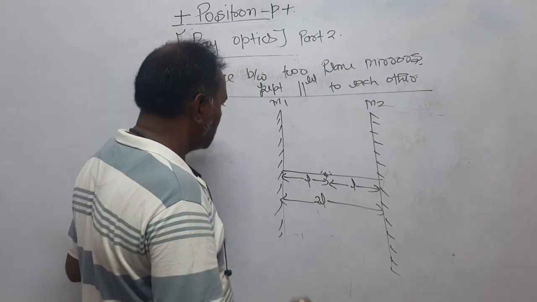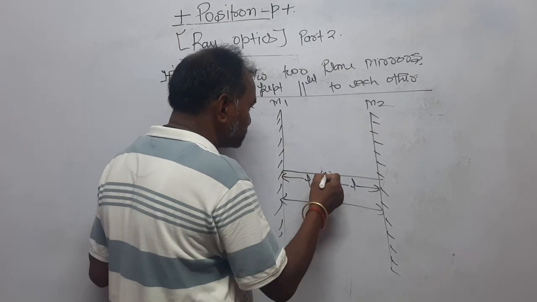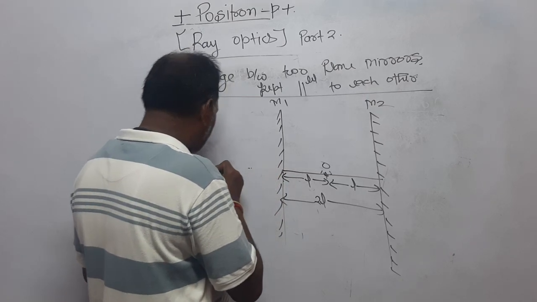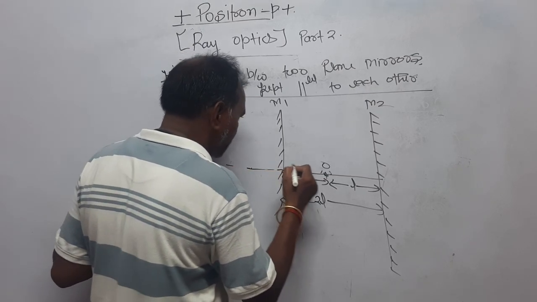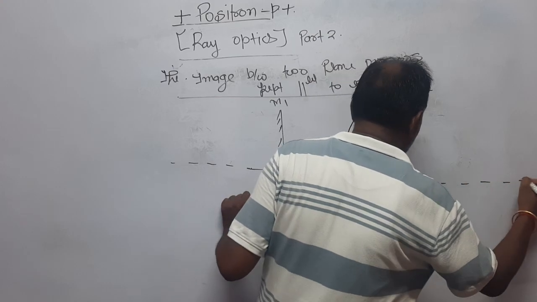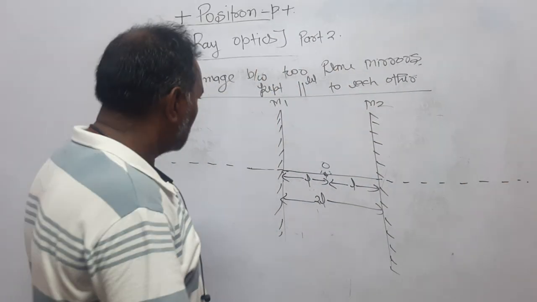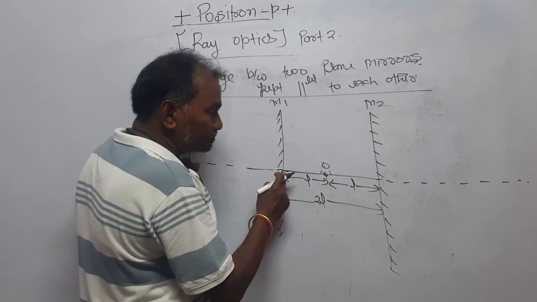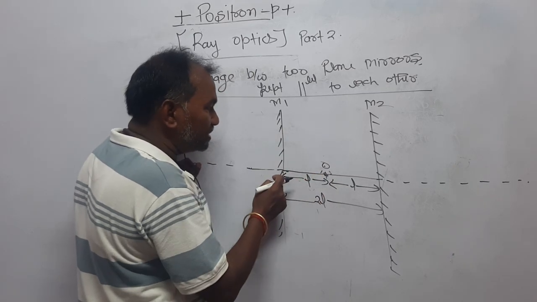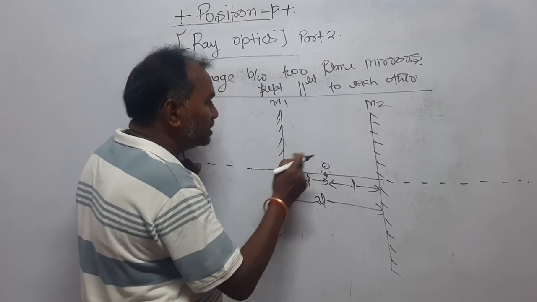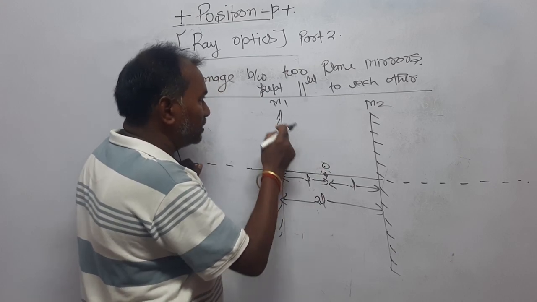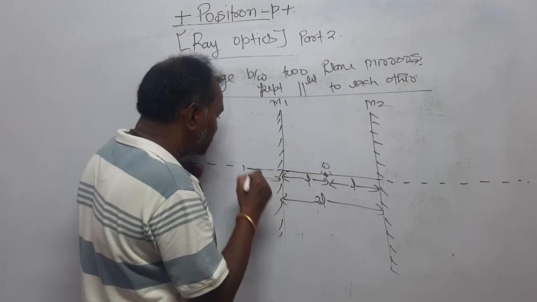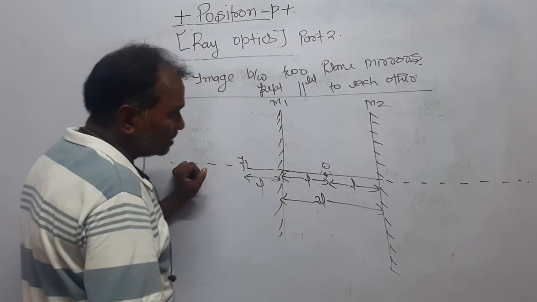Now, the image of this object from this mirror will be, draw a long line so it will be easy to understand. So many images we have to make. Image of this object by this mirror, the object is at L distance away from mirror M1, so the image of this real object from mirror M1 will be just at L distance away, and let it be I1, right?